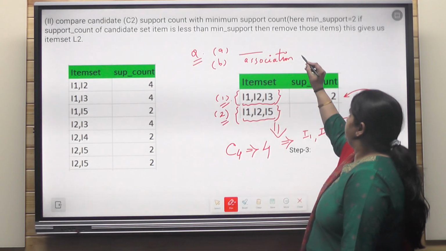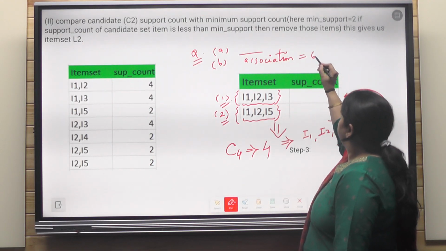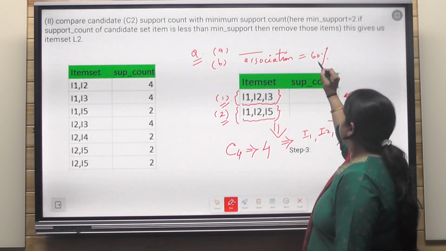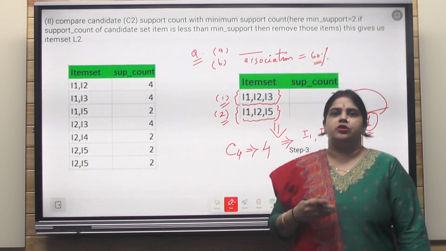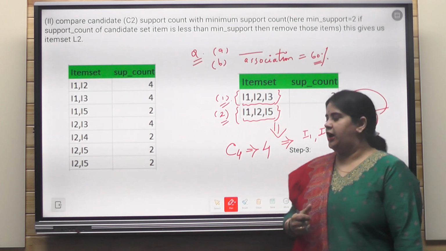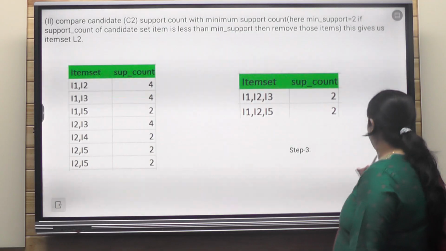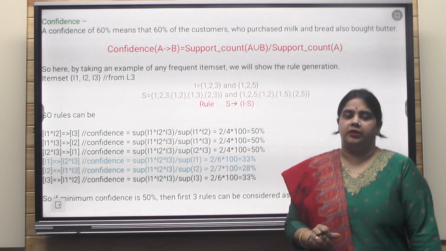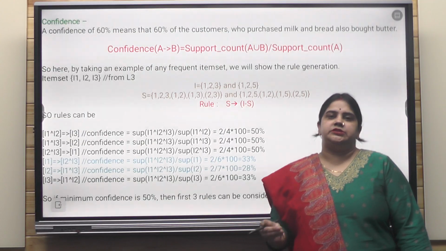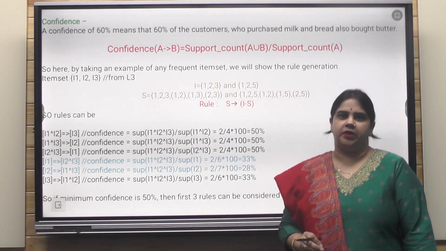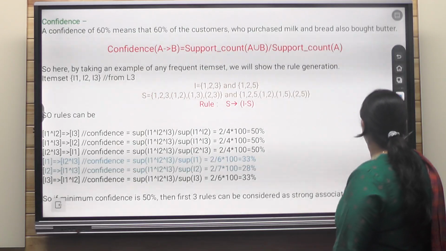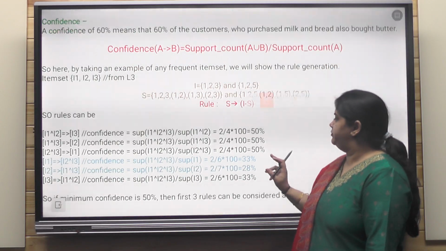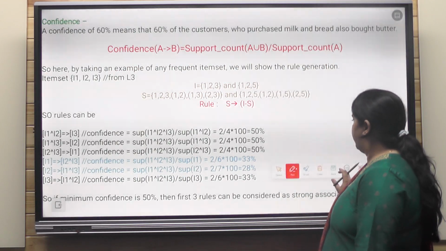No. We are going to consider that my minimum confidence value here has been given as 60. So how to solve that? We'll see in our next part, which is very important. What will be the association rules? Association rules can be calculated from the 2 sets of frequent item sets.